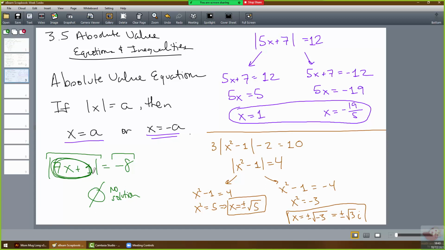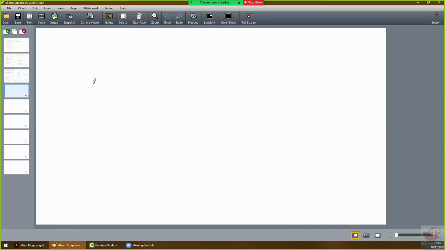Okay. Questions on absolute value equations? Okay, let's talk about absolute value inequalities. We have two types of inequalities, major categories, I should say.